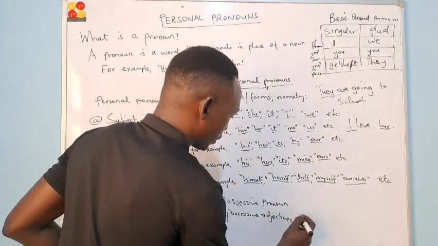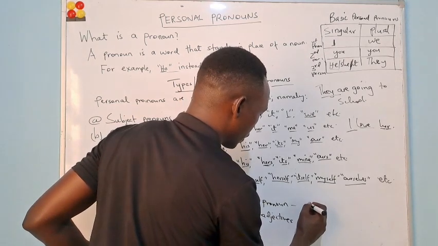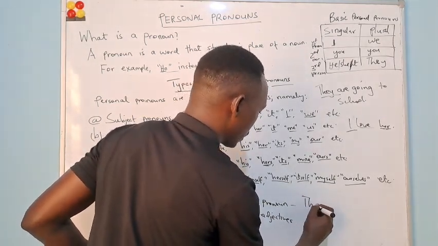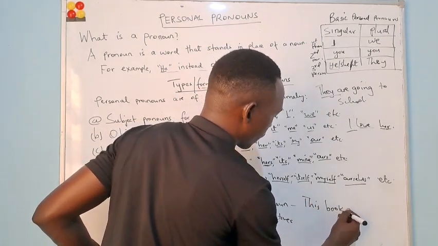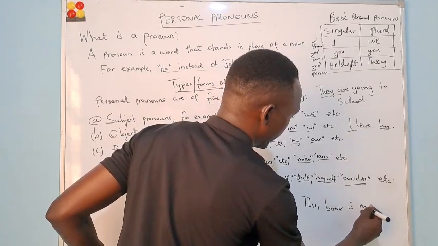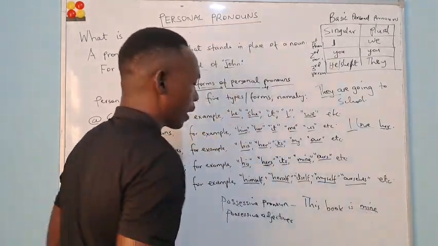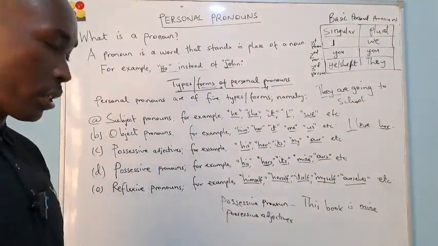Here, an example is okay. For example, here you can say, this book is mine. This book is mine. This word mine is what we refer to as a possessive pronoun.